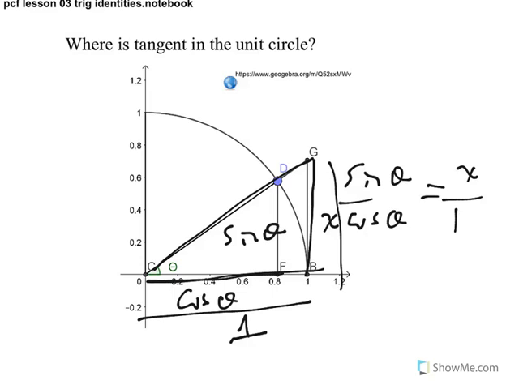But we know that sine over cosine is tangent. So that makes this piece here tangent. It's no accident that it is a tangent line, or at least a segment that's tangent to what would be the whole circle.